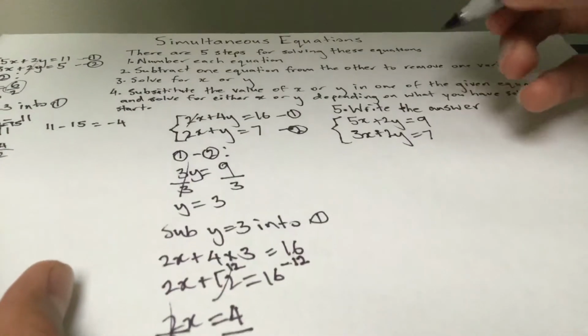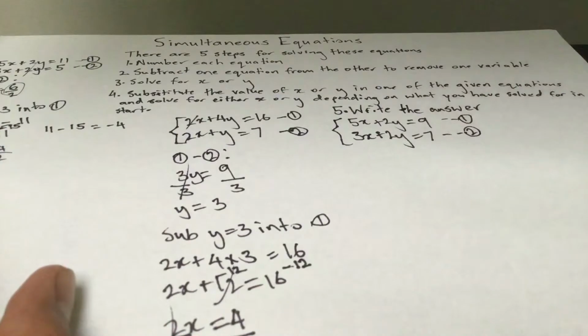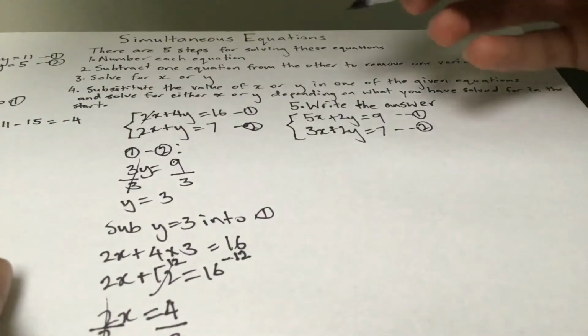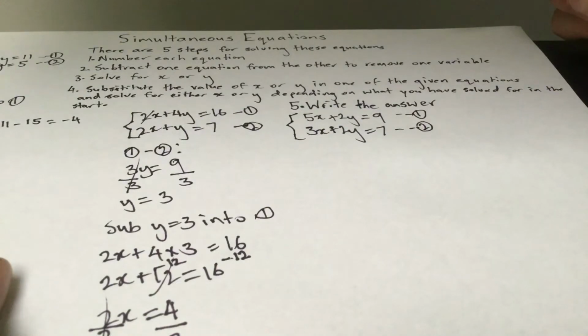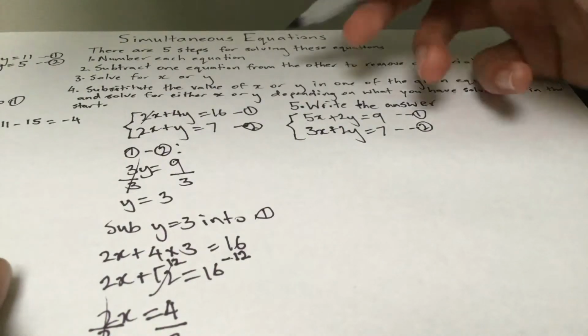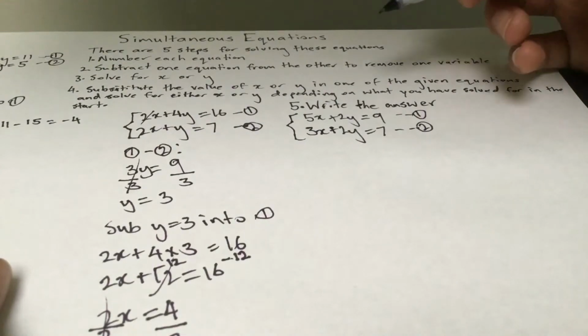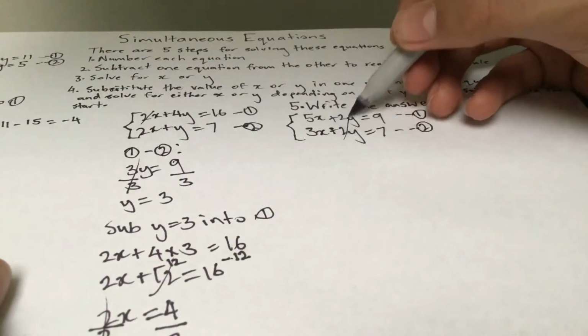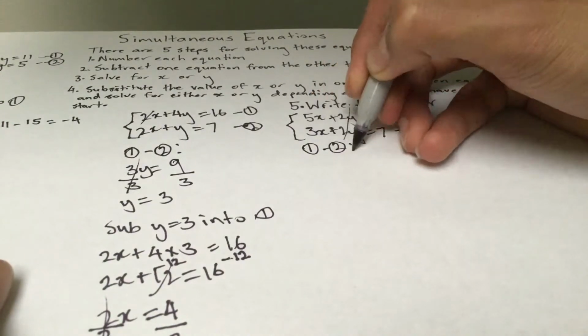So we're going to number this 1 and 2. The second step is to either subtract or add from the other to remove one variable, as it says in step 2. In this case, we're going to subtract to remove y. So we're going to do equation 1 minus equation 2.